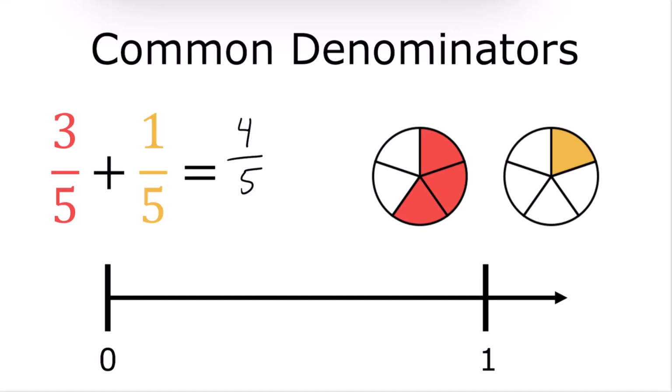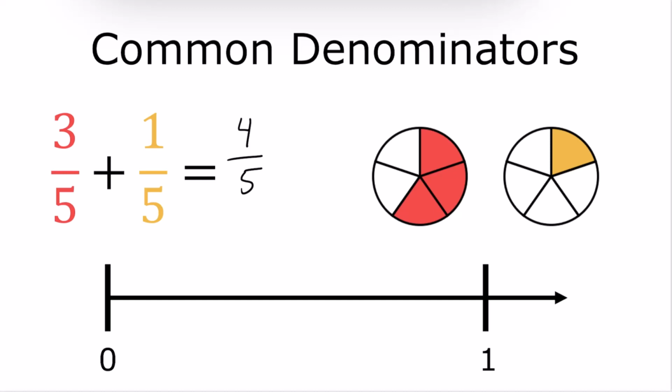And the reason why the denominator doesn't change is because the denominator determines how big the pieces are. So in this case, we have a denominator of 5, and that tells me that there's 5 equal pieces in each whole. And so essentially that's telling me how big the pieces are.